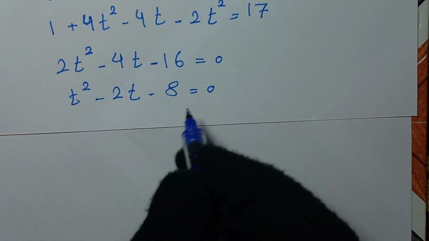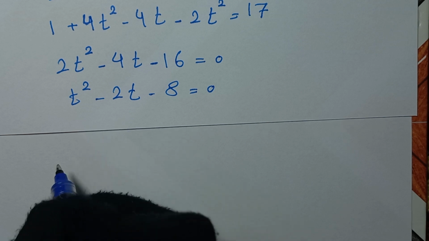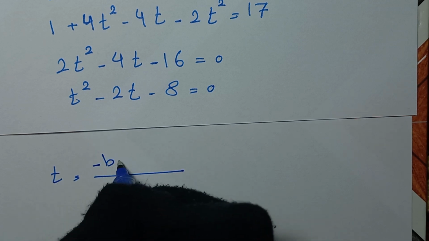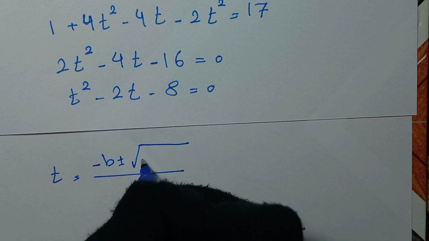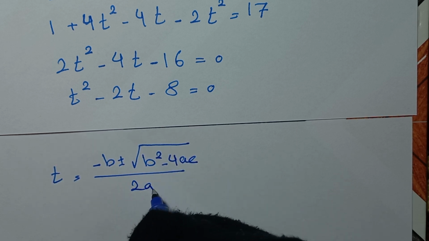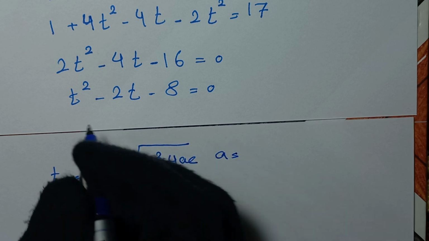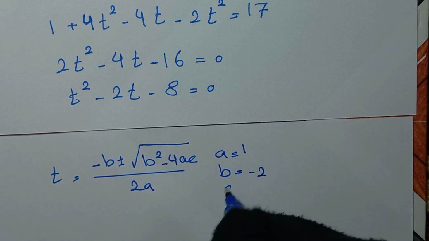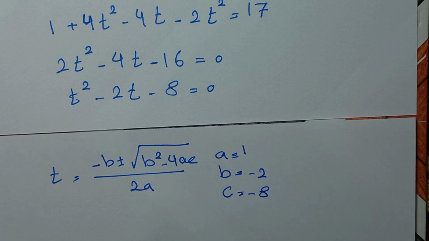And here we have a quadratic equation, and we use the quadratic formula, which is t is equal to negative b plus or minus square root of b squared minus 4ac over 2a, where a is the coefficient of t squared, which is 1, and b is the coefficient of t, which is negative 2, and c is the constant, which is negative 8.